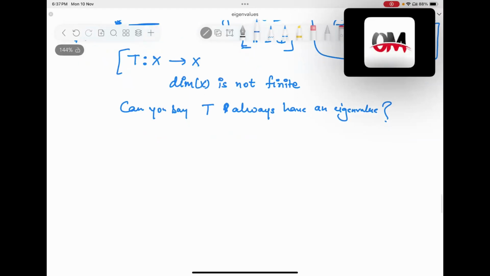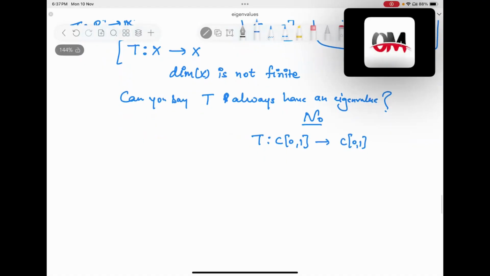The answer is no. Suppose you take this example, C[0,1] to C[0,1], continuous functions from the closed interval [0,1] to R, and you define your linear operator as T of f equals x times f.